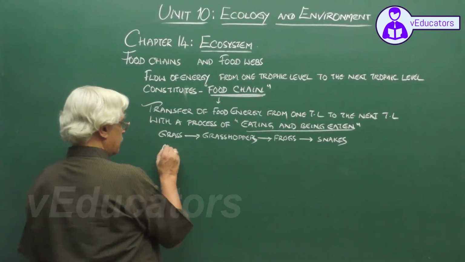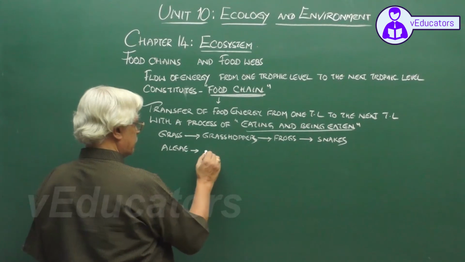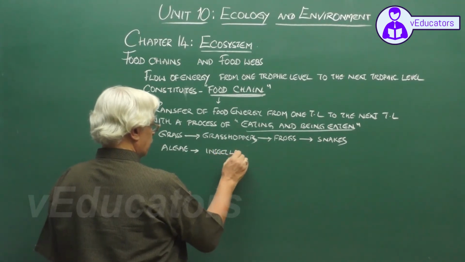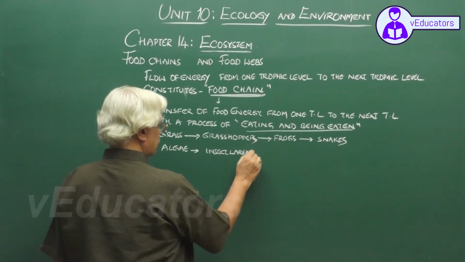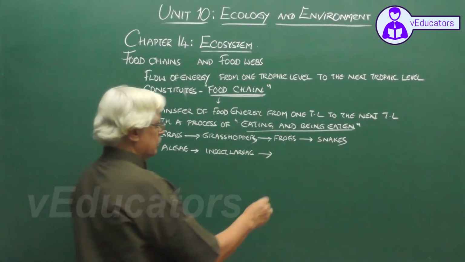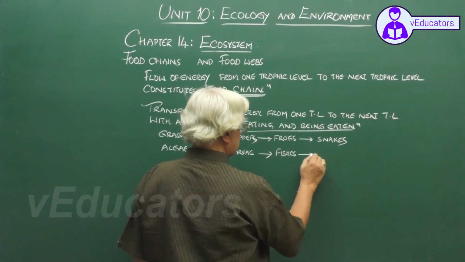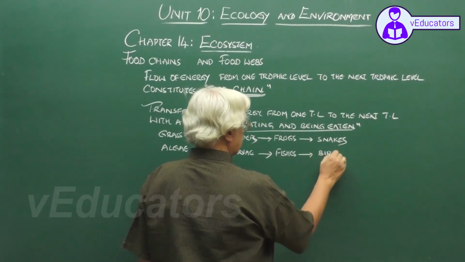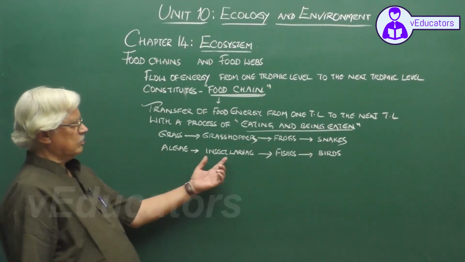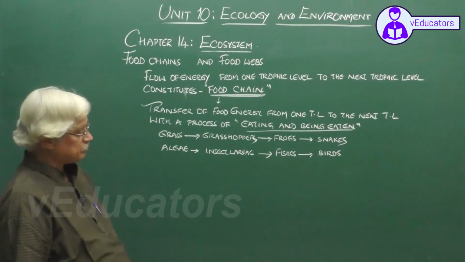Or take the example of algae, insect larvae, fishes, birds. A typical food chain in the aquatic ecosystem.